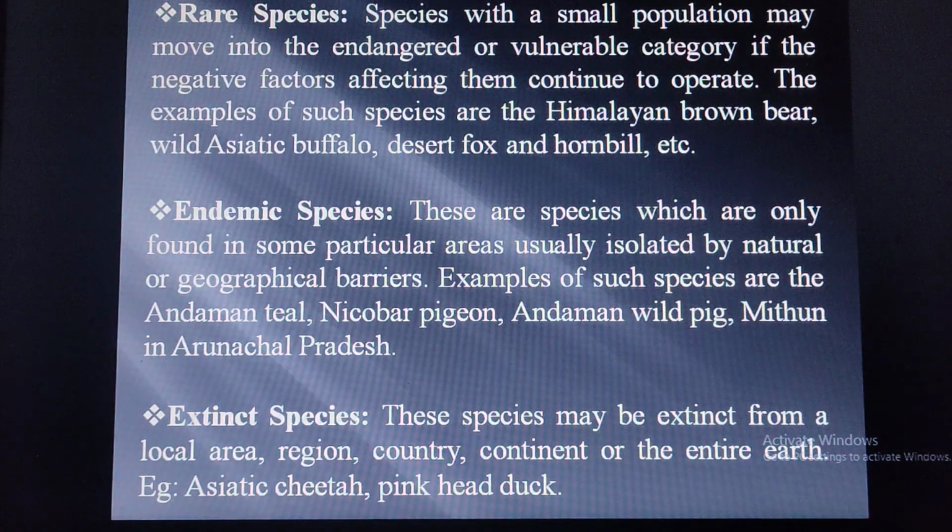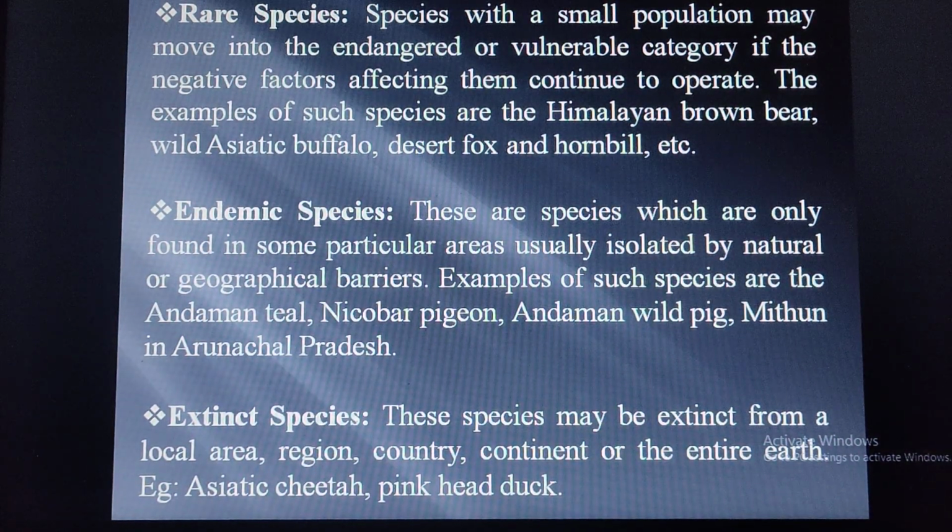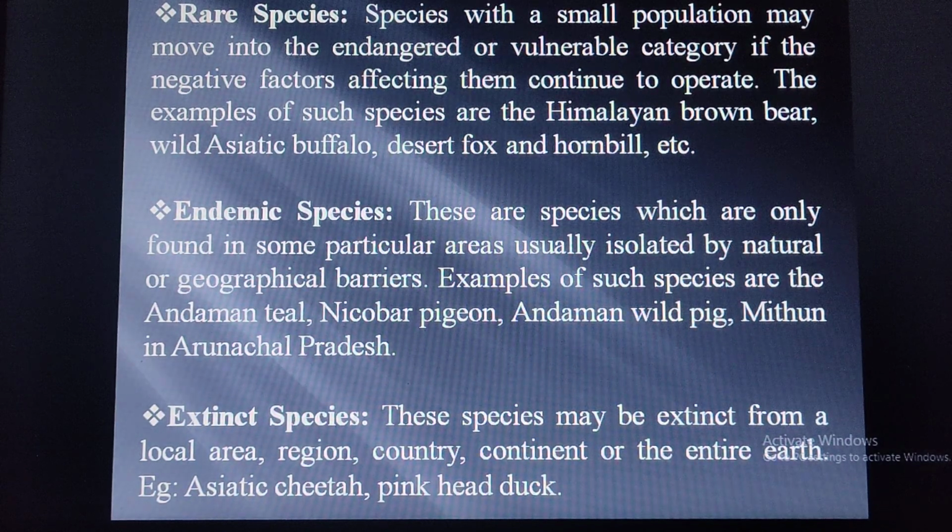Rare species. Rare species are species with a small population that may move into the endangered or vulnerable category if the negative factors affecting them continue to operate.